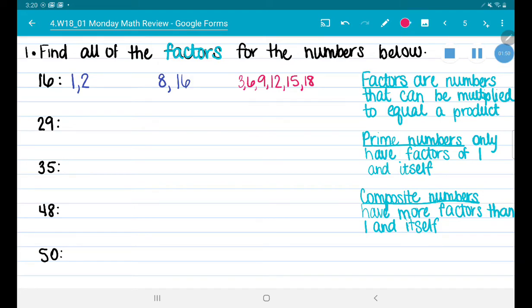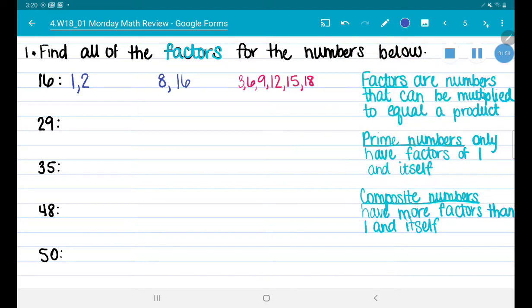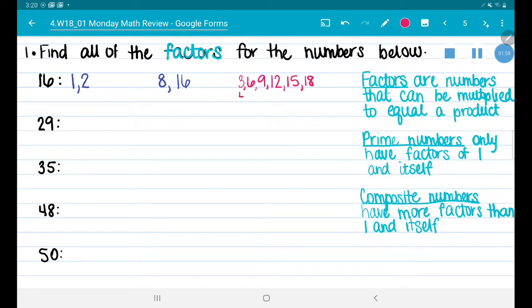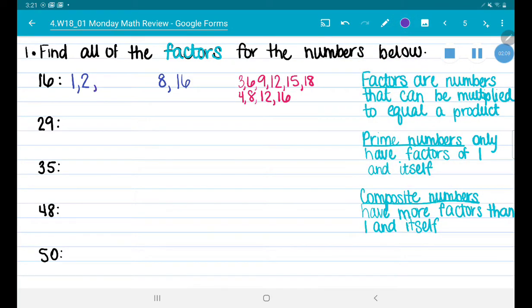So then I'm going to try 4. If I skip count by 4s, I'd have 4, 8, 12, 16. So 16 does have a factor of 4. 4 times 4 equals 16.